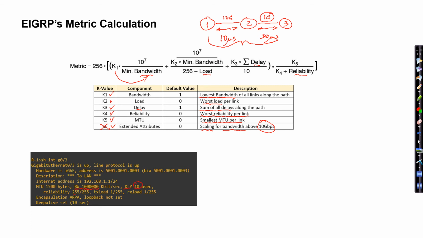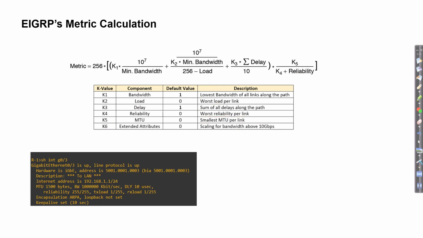The reliability here displays 255 over 255, which is 100% reliable, whereas the transmit load and the receive load are 1 over 255, which represents 0, and finally the MTU at 1500 bytes. Let's clean this up so we can continue with the default values.